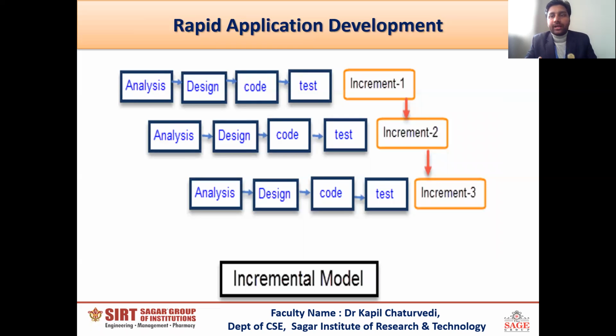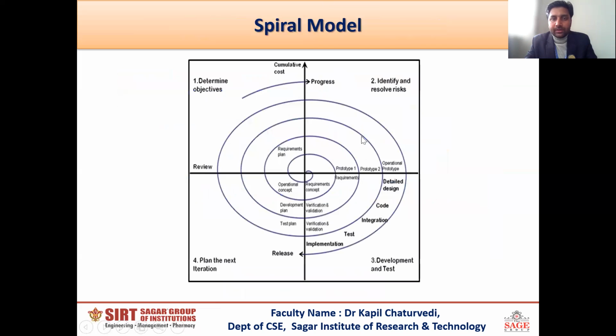We have an organization with multiple departments. We divide the modules of the different departments among different teams, and the teams work on those software modules, and at last we combine and assemble them in the same package. That model is known as the rapid application development model.